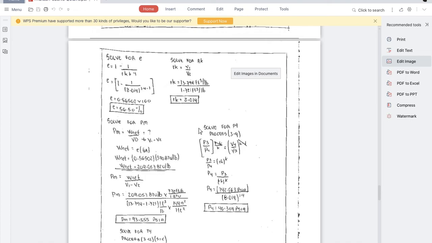For the PM, 209.057 BTU per pound multiplied by 778 foot-pound over 1 BTU, over 13.794 minus 1.721 cubic feet per pound multiplied by 144 square inches per square foot. The answer that we get for the PM is 93.555 psia.